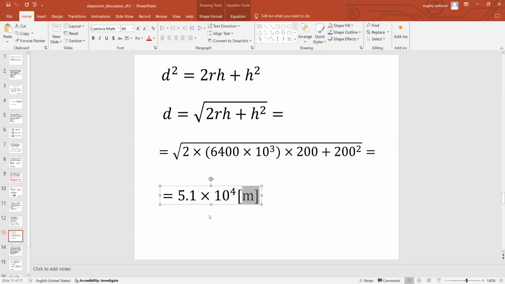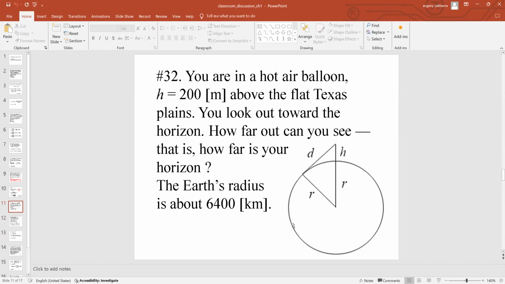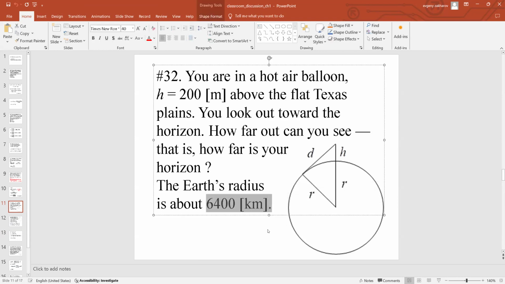You can see about 51 kilometers, 51,000 meters. So just a simple Pythagorean theorem, just a little bit of algebra, and don't forget to convert from kilometers to meters.